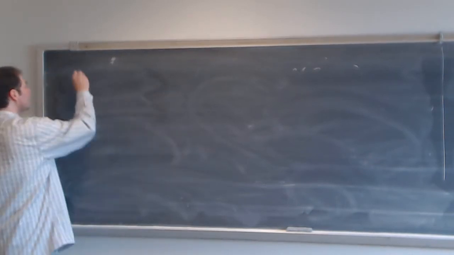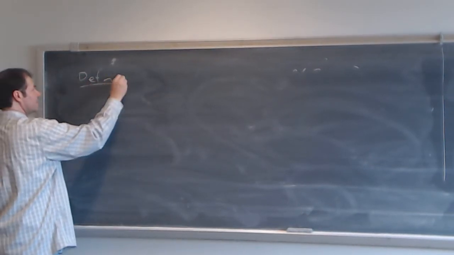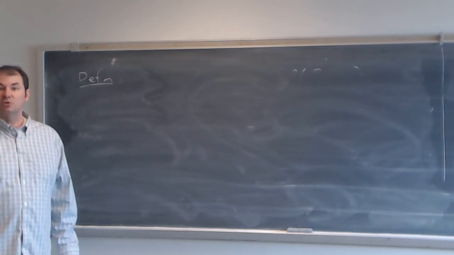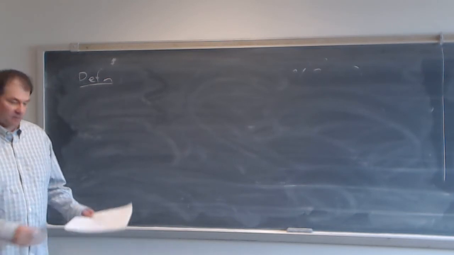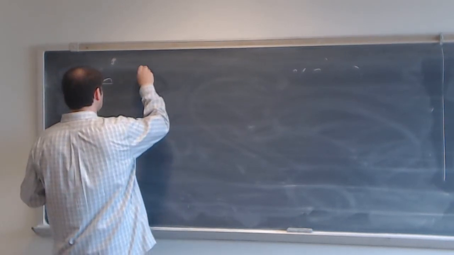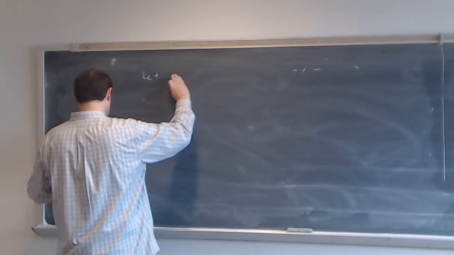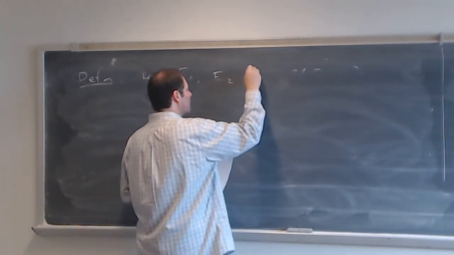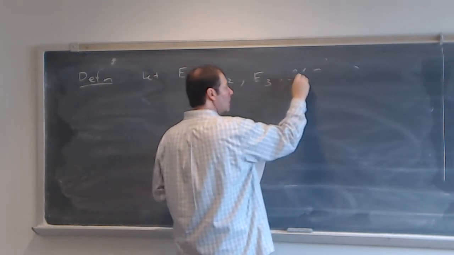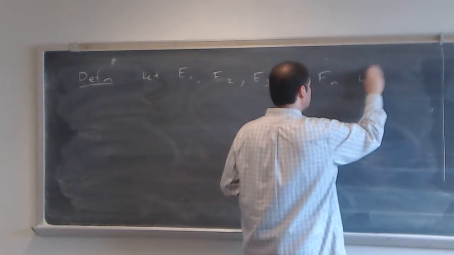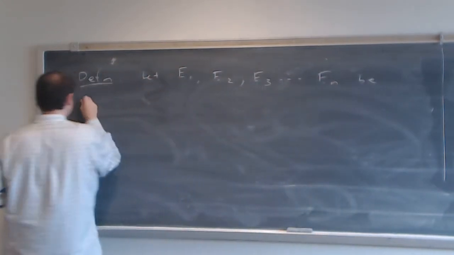Okay, so next I want to turn to a definition of something called a collection of mutually exclusive and exhaustive sets. So we're going to let E1, E2, E3, all the way up to En be events.